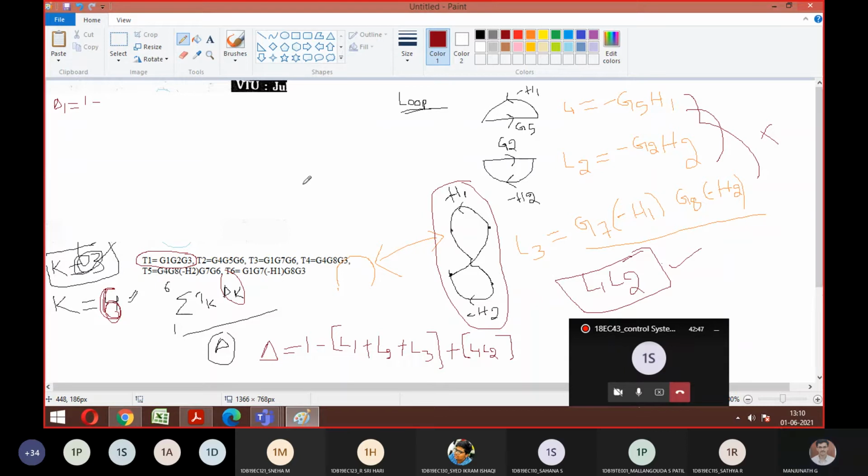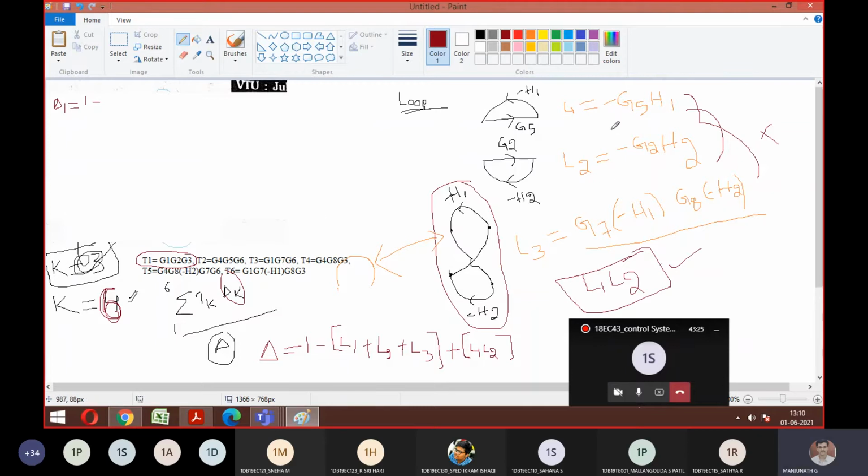Then what about loop 3? For the first path, which loop are you going to consider, L1 or L3? Analyze properly and tell me what I taught you yesterday. The forward path is T1, G1, G2, G3.